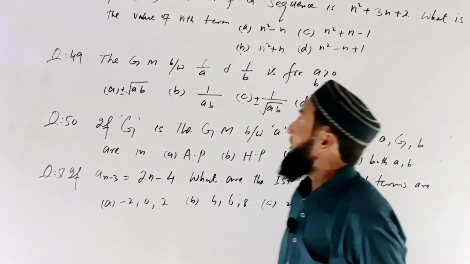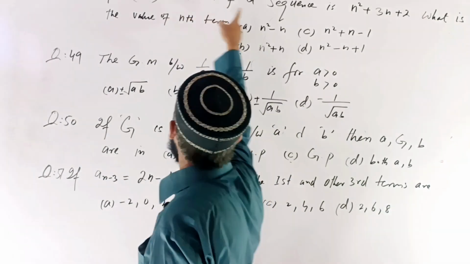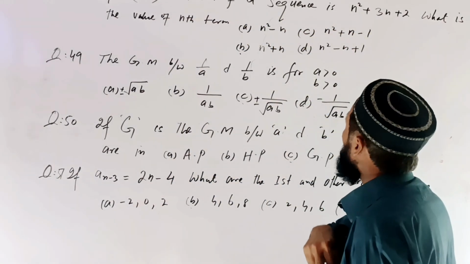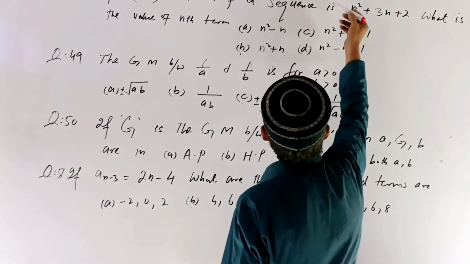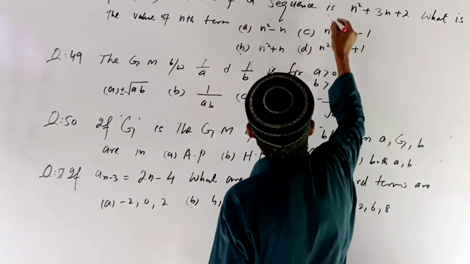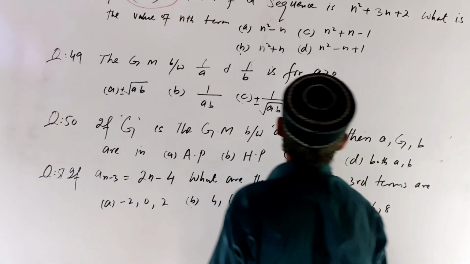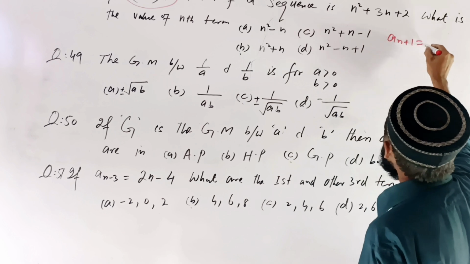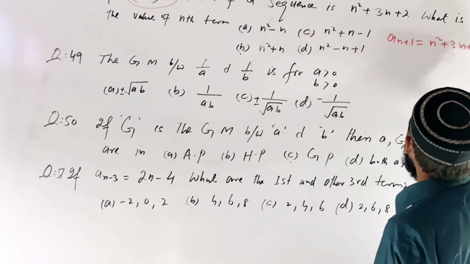Question number 48. The (n plus 1)th term of the sequence is given, that a n plus 1 is equal to n square plus 3n plus 2.